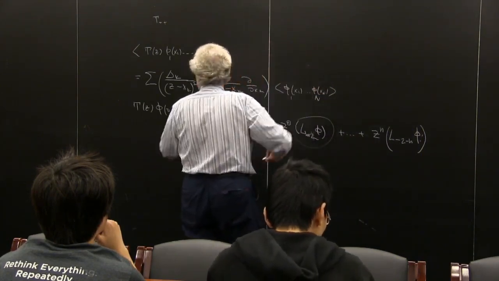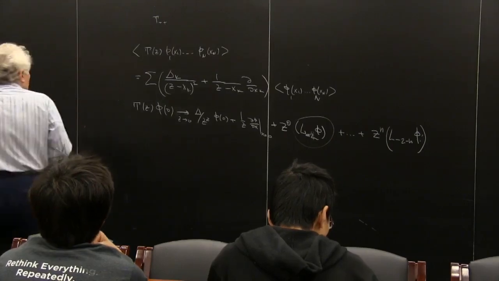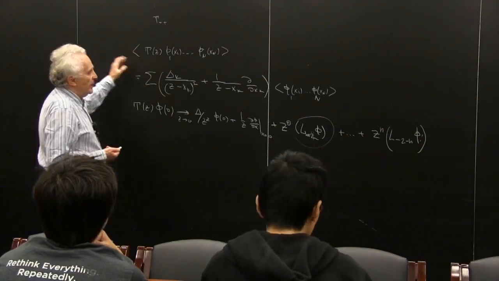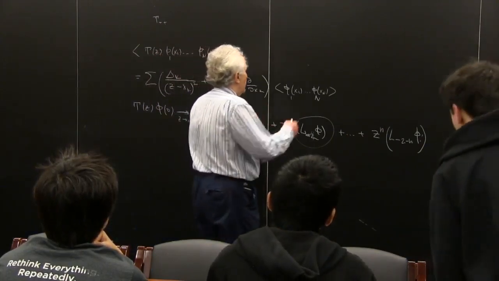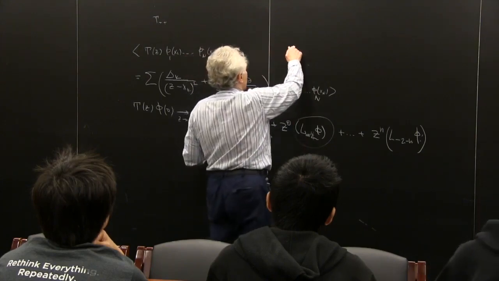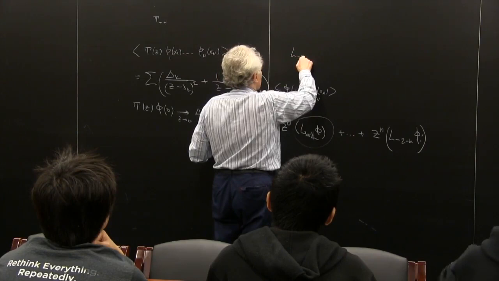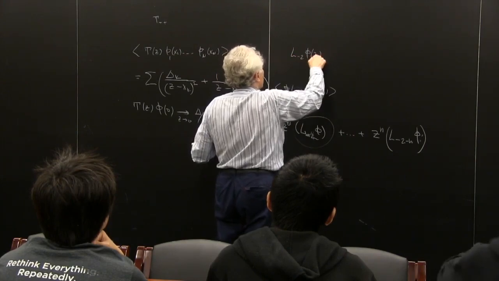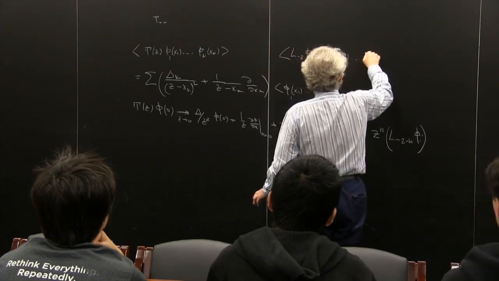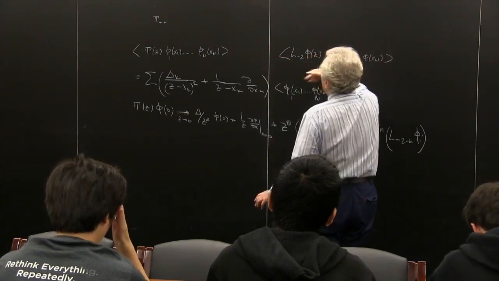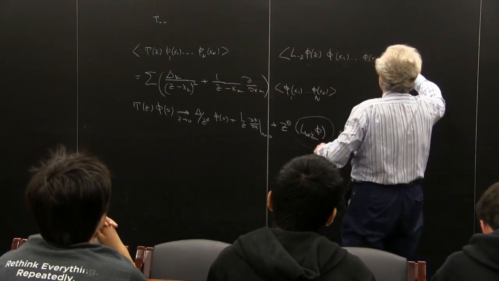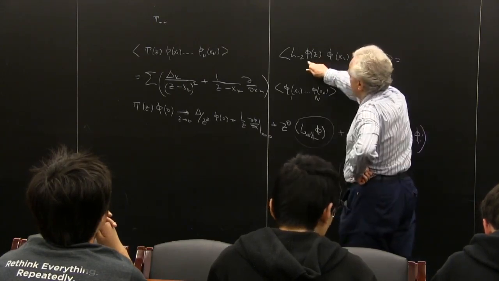So these are the descendants. An important thing I also have to remind you from yesterday is that L minus 2 phi of z, its correlation functions are known. They're just the same type of differential operator applied to the correlation function of the primaries.